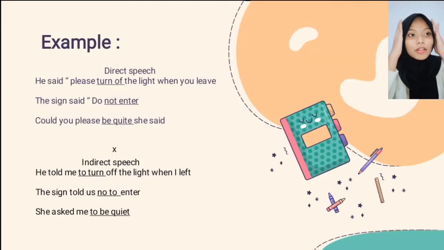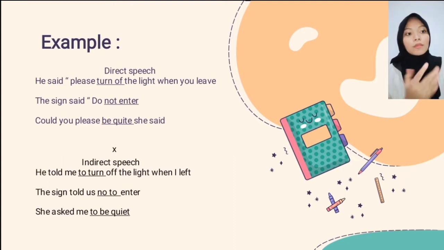Example for direct speech into indirect speech in command and request. For the first, he said, please turn off the light when you leave. In indirect speech, he told me to turn off the light when I left. And the next example is this.